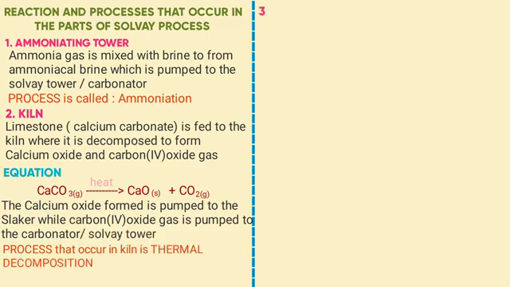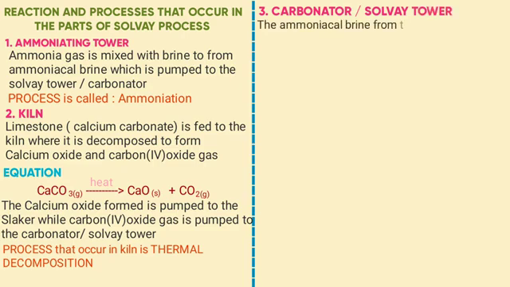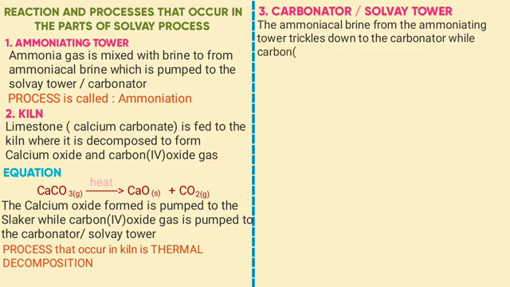Part number 3, the carbonator or Solvay tower. The ammoniacal brine from the ammoniating tower trickles down the carbonator, while the carbon dioxide from the kiln is pumped from the base. We have two reactions that occur simultaneously.